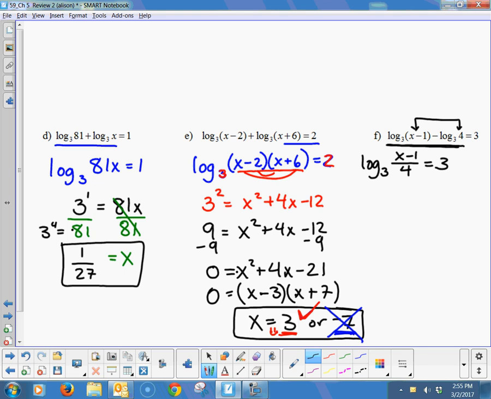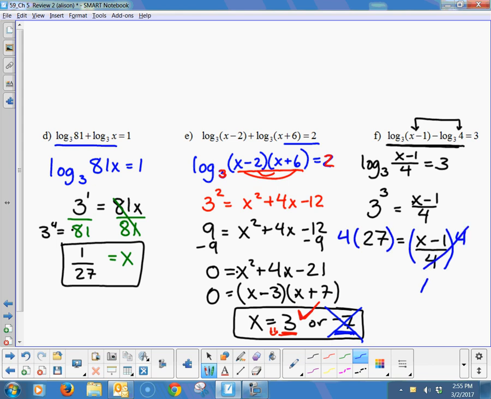And then again, I'll write this in exponential form. That would mean 3 to the third is (x minus 1) over 4. That's 27 equals (x minus 1) over 4. I am going to use the powers of mathematics to get rid of that fraction and multiply both sides of my equation by 4. x minus 1 equals 27 times 4, which is 108.